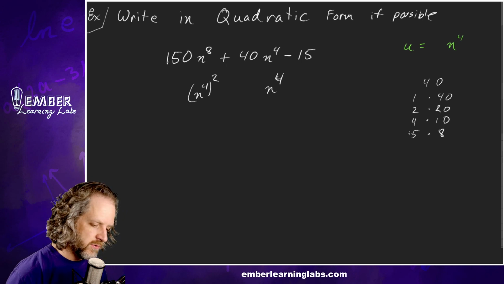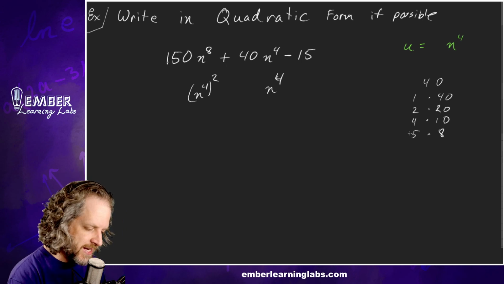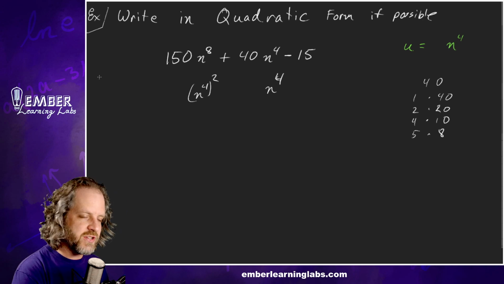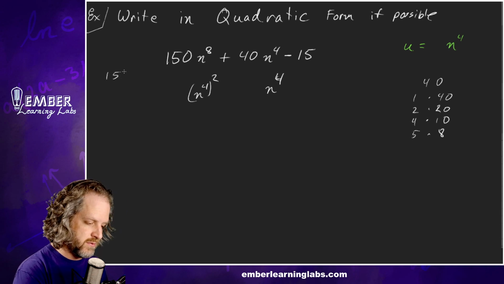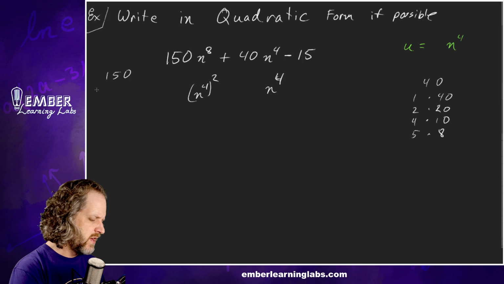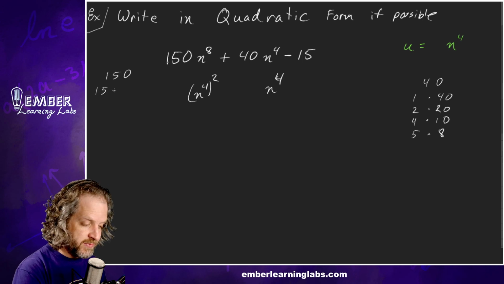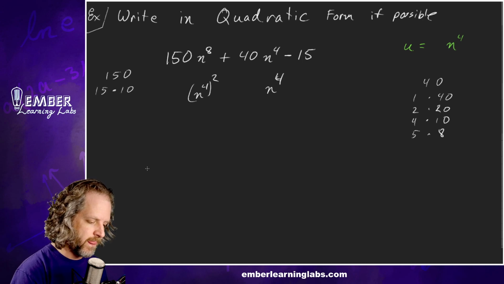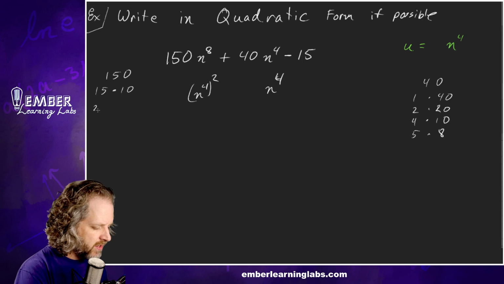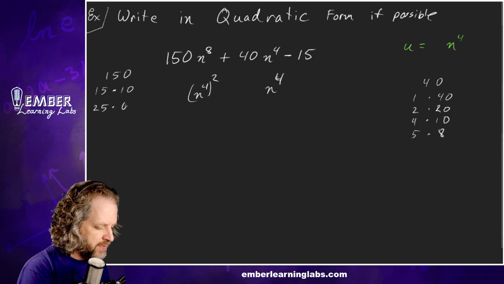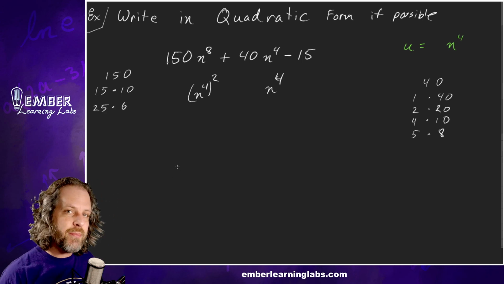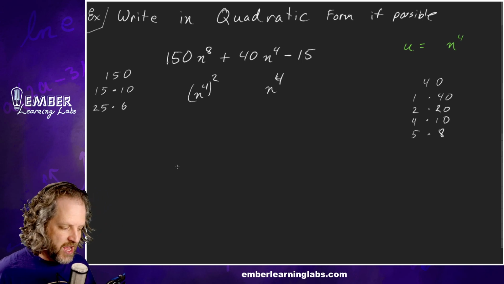Okay, so getting those down. Now, let's think about some factors of 150, right? So 15 and 10 comes to mind. And 25 times 6 comes to mind. Now, I'm going to stop right there, okay?